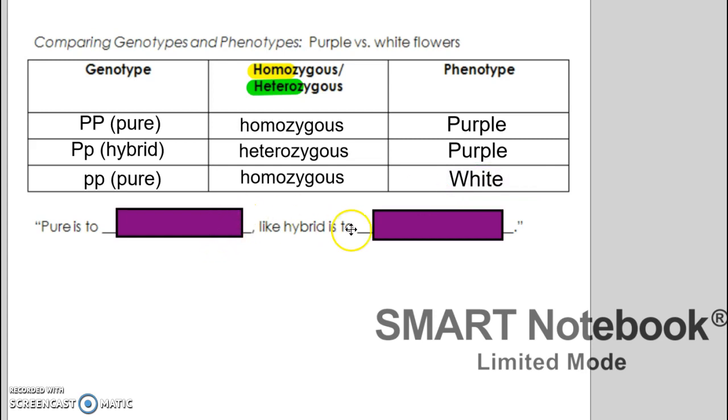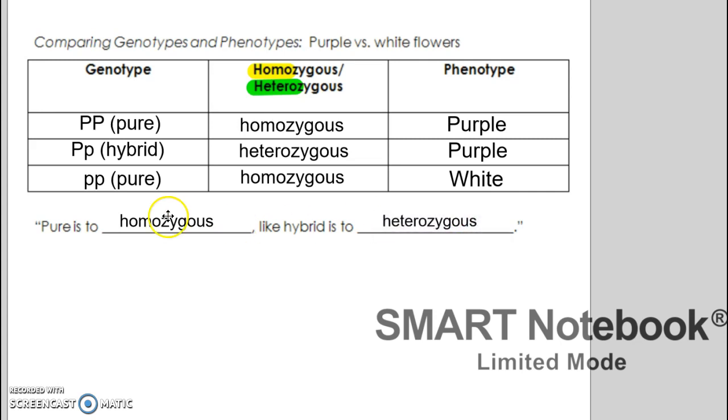If we think about this like one of those classic SAT questions, pure is to homozygous like hybrid is to heterozygous. These terms, pure and homozygous, you're going to see often in assignments. They mean the same thing, just like hybrid and heterozygous mean the same thing, okay?